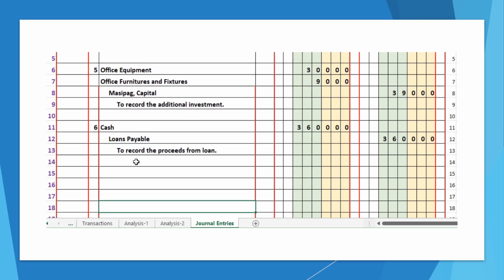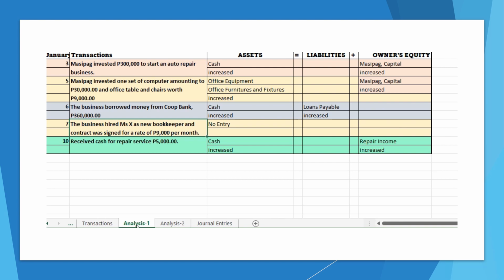Okay, next. After January 6, what happened? So we have a transaction. Okay, let's go back to the analysis. There was an indication there that no entry, so we don't have to write no entry.